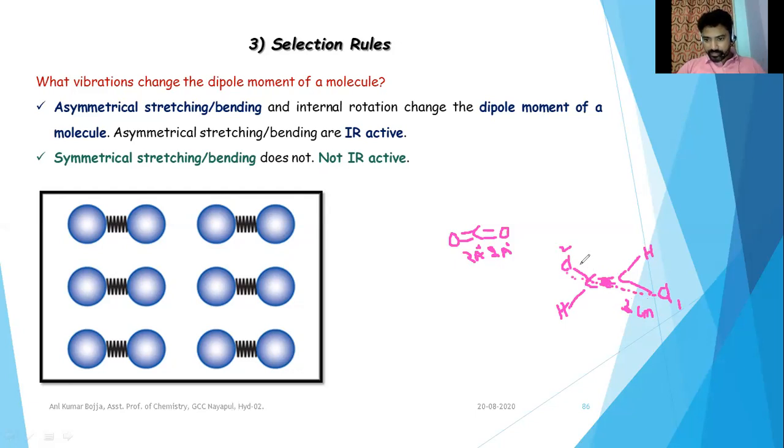If I extend a line in the opposite direction to chlorine 2, and I reach the chlorine 2 atom at the same distance also, if a molecule contains such a property, atoms at the same distance in opposite directions, that molecule is said to contain a center of symmetry, or center of inversion.